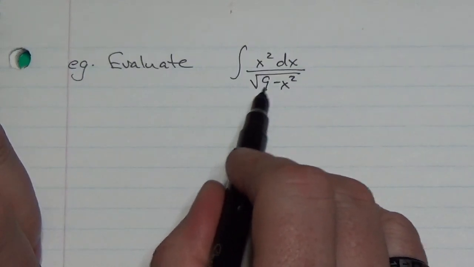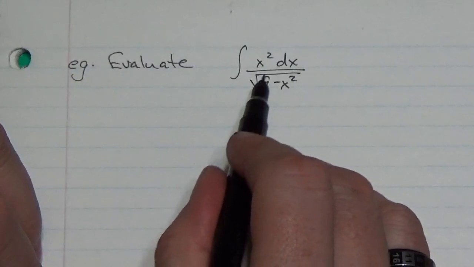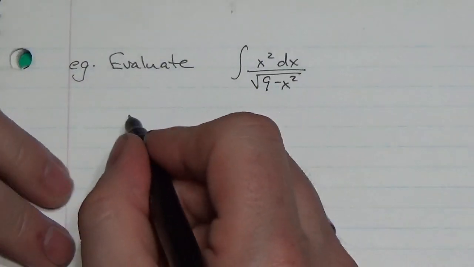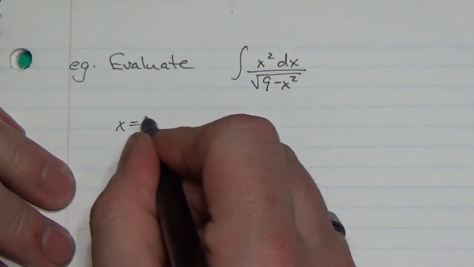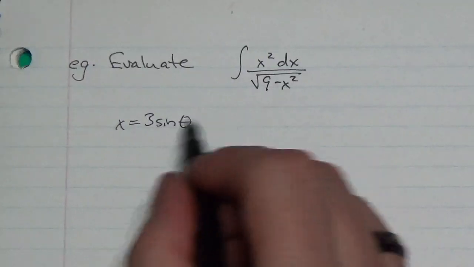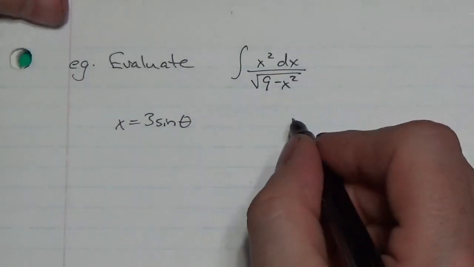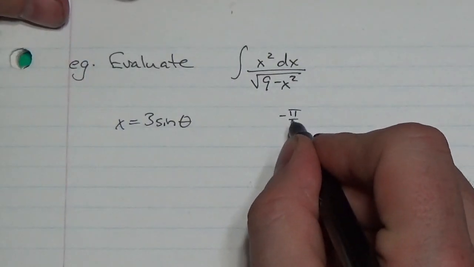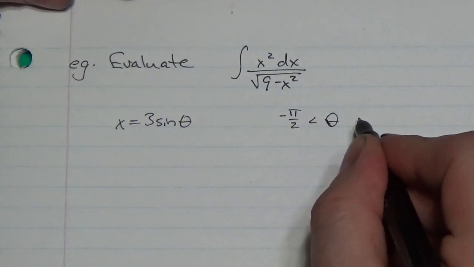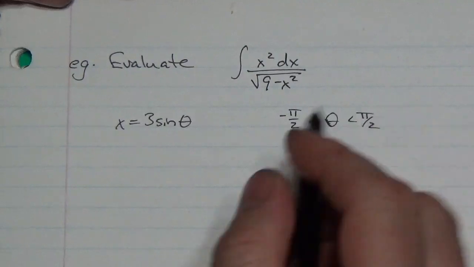But in this case here, the a value is going to be 3, right? Because this is my a squared minus x squared. So what I'm going to do here is let x equal 3 sine theta. And the domain that I'm going to be working with, just like before, will be negative pi over 2 to pi over 2.